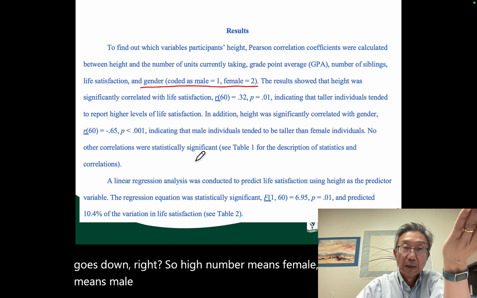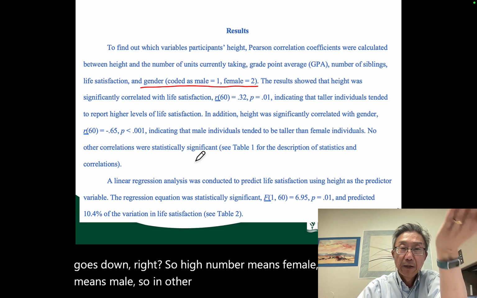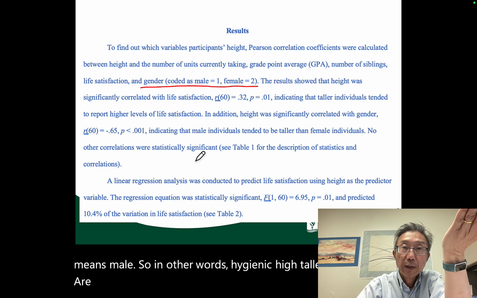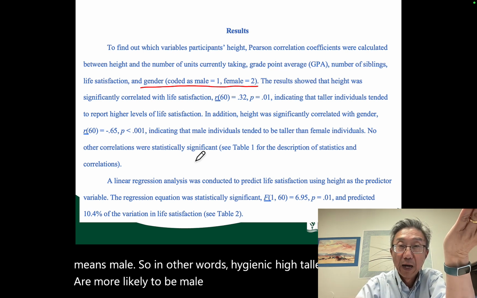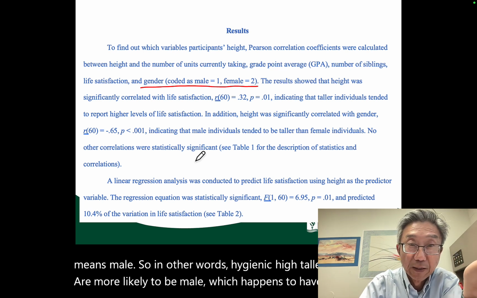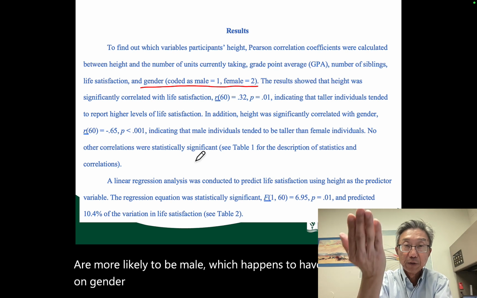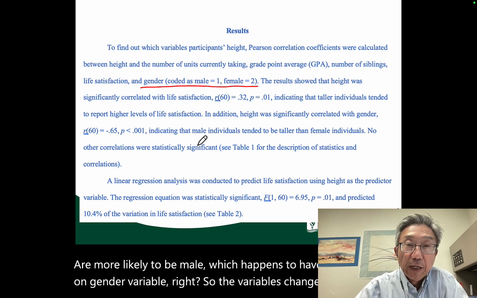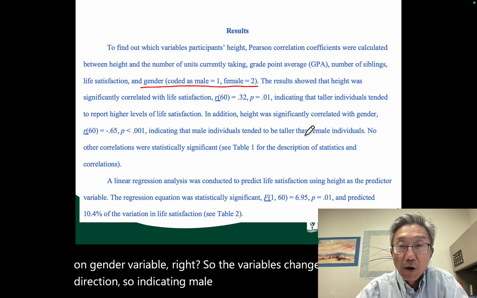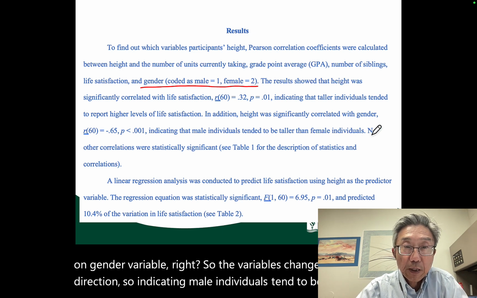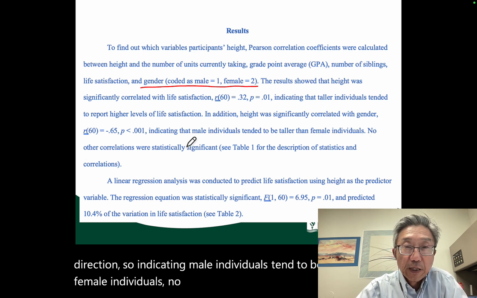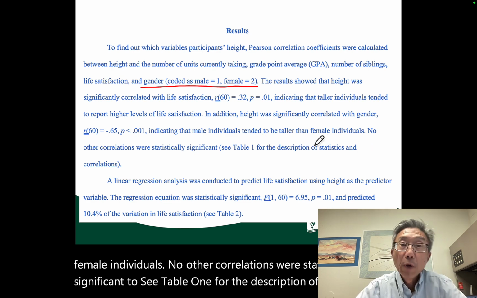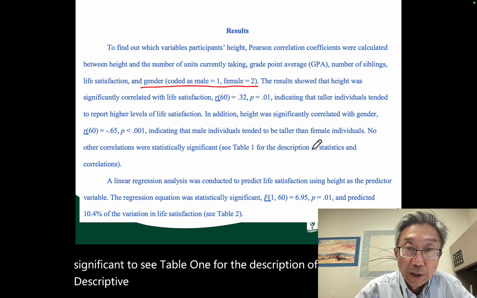So in other words, taller people are more likely to be male, which happens to have the lower value on the gender variable. So the variables change in the opposite direction, indicating male individuals tend to be taller than female individuals. No other correlations were statistically significant. See Table 1 for the descriptive statistics and correlations.